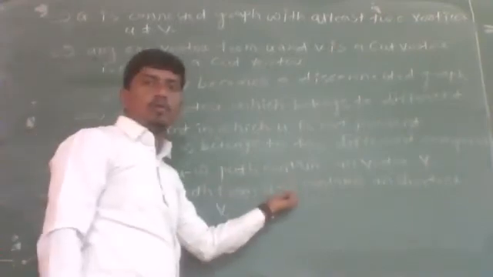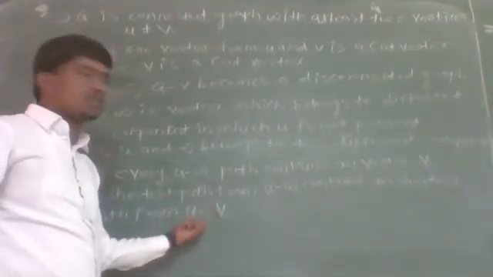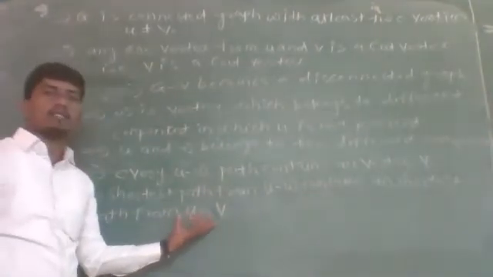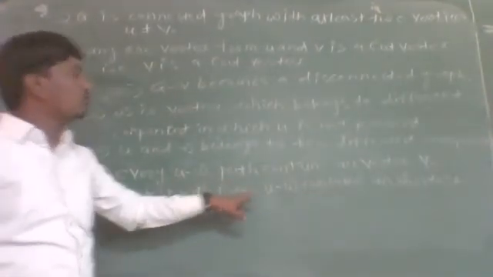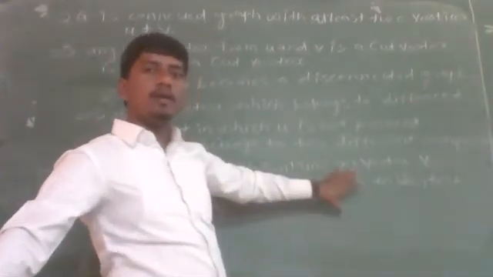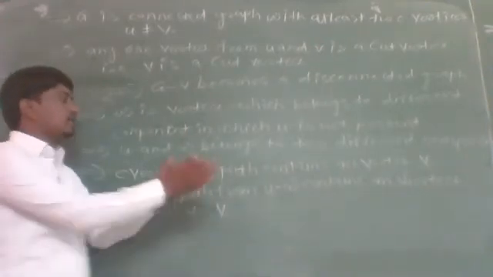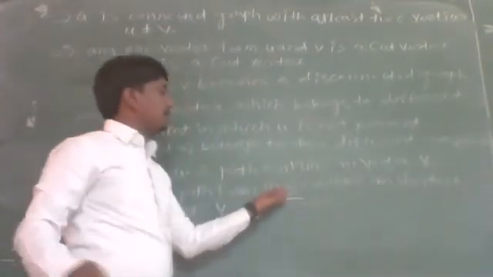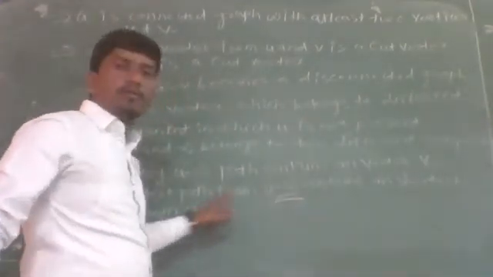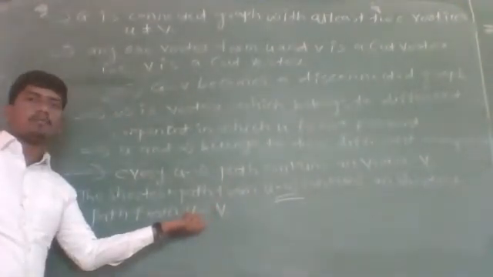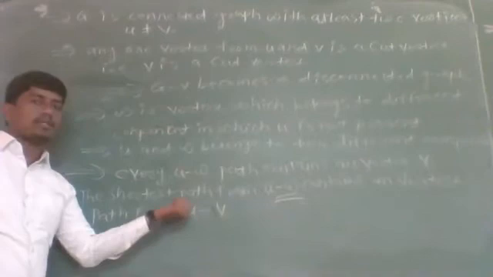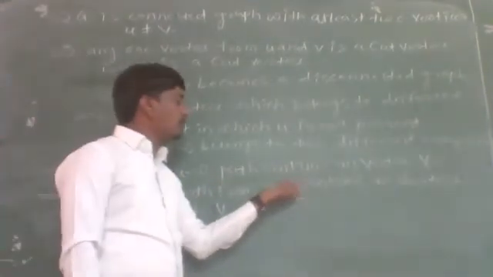So from this we can conclude that the path length of U to V is less than the path length of U to W. But we have assumed that vertices U and V are the vertices whose distance is the largest distance between any pair of vertices in graph G. But here we get vertices U and W which have a larger distance than the vertices U and V. That is, the path length of U to W is greater than the path length from U to V. This is a contradiction to the definition of the diameter of G, since we have assumed that the diameter of G is the distance between U and V. But here we get U to W is a path which has larger length than this path.